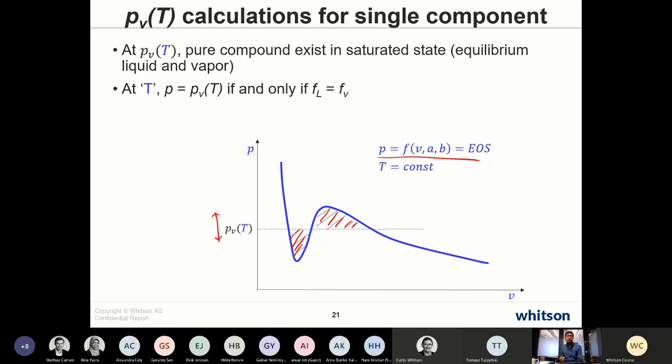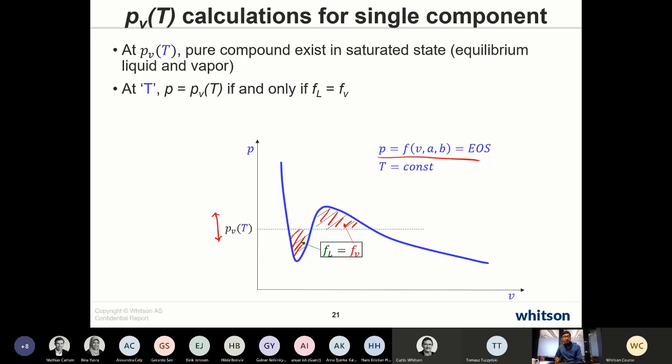is called the vapor pressure at that given temperature, because these areas represent the fugacity. This is the liquid phase fugacity, and this is the vapor phase fugacity, and these have to be the same, or we can also say the chemical potential, for thermodynamic equilibrium.